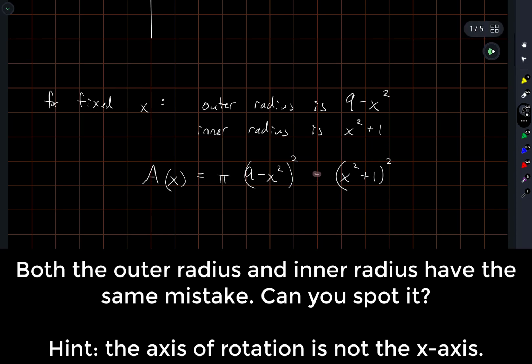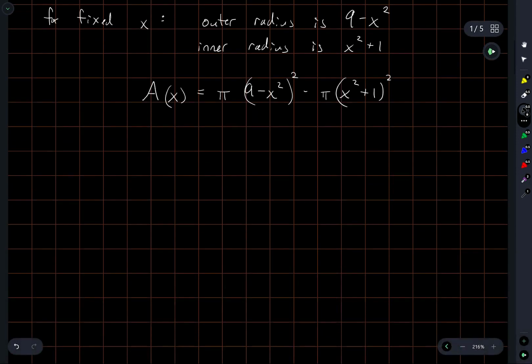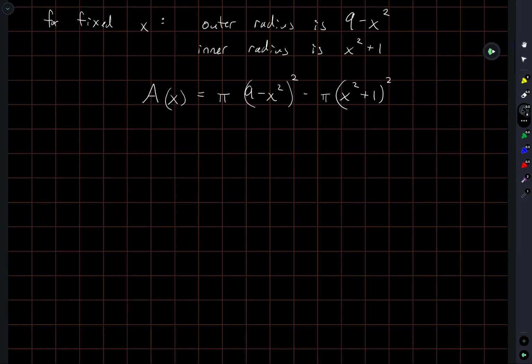If I write it this way, this is the area of the entire disk, and then this is the area of the inner disk, which is missing. And to get the volume of this entire shape, we want to integrate this area, A of x dx.